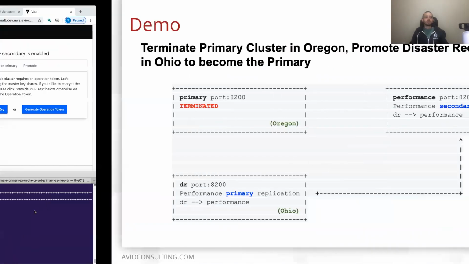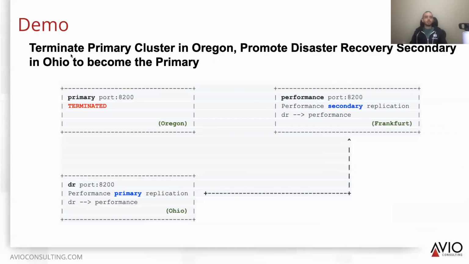And what the script is going to do is three main things. It's basically going to take the original primary cluster out of service, out of circulation, and then it's going to take the disaster recovery cluster and promote it to be the new primary cluster, just like you guys see here in the slide, right?